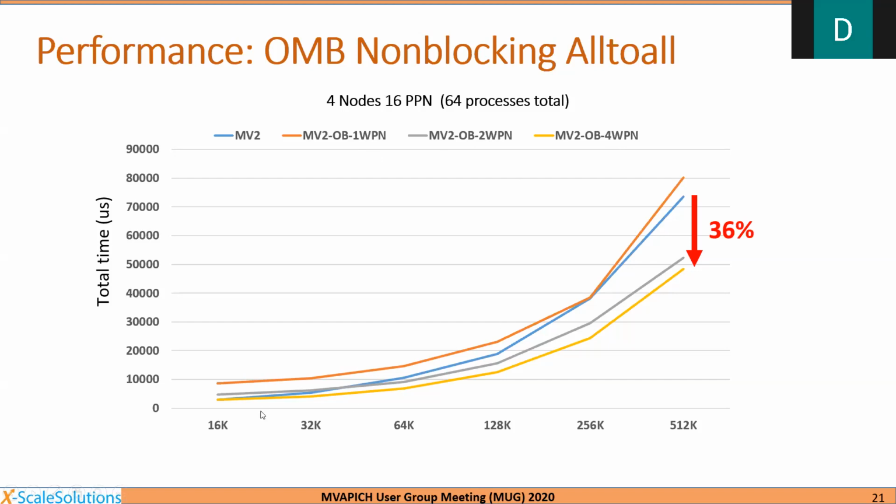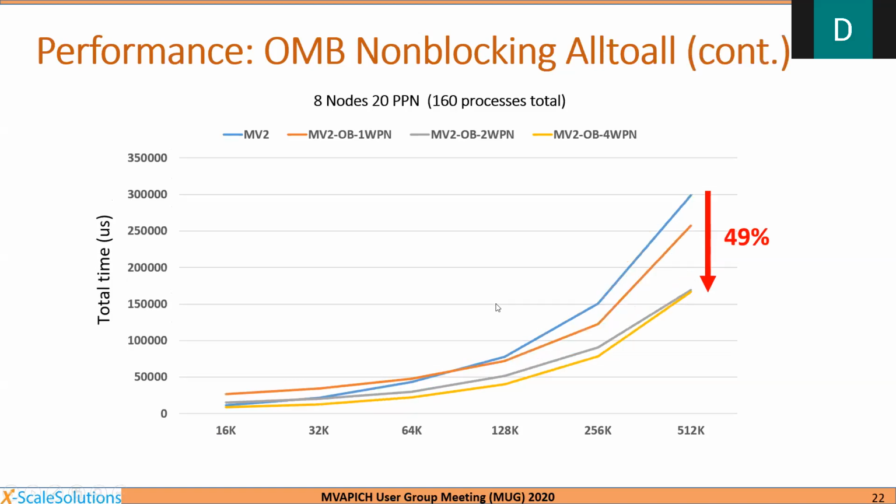Here is the distribution along the message size of that all-to-all operation, and this is the overall execution of that micro benchmark. As you can see, when the message gets larger and larger, the benefit increases noticeably. We have run multiple tests on different configurations. This is another example of a similar test, but with a different configuration.